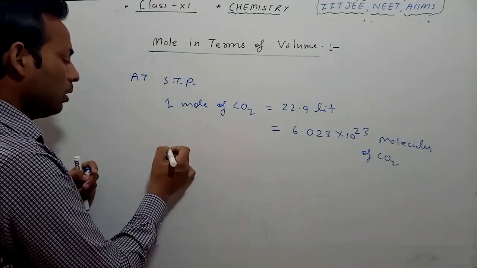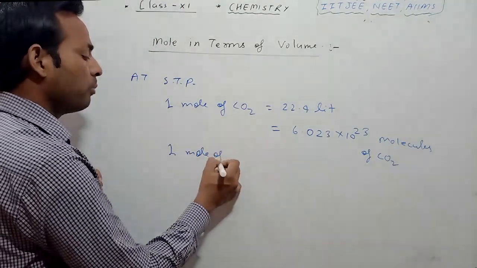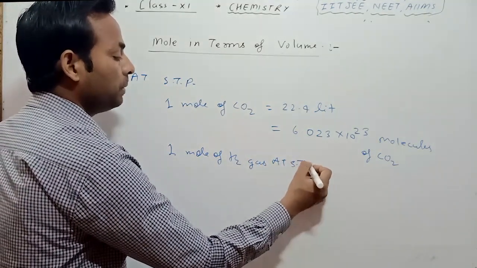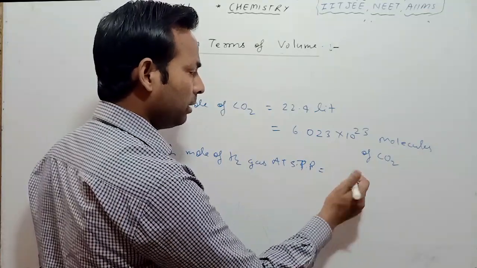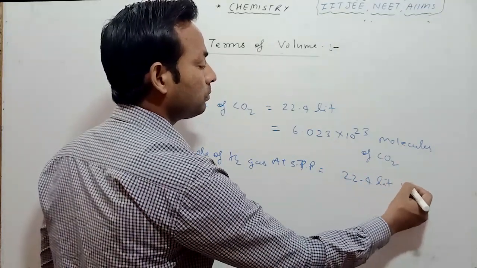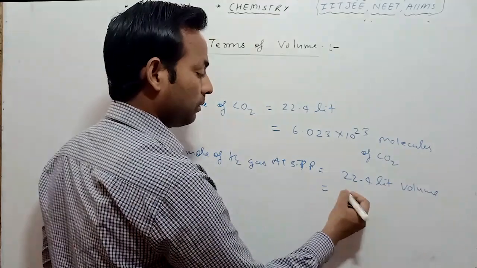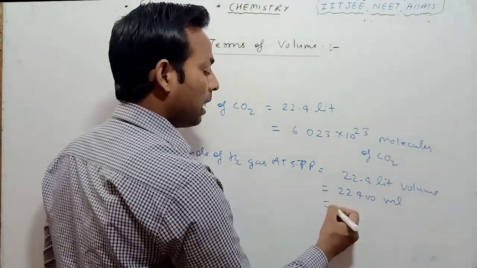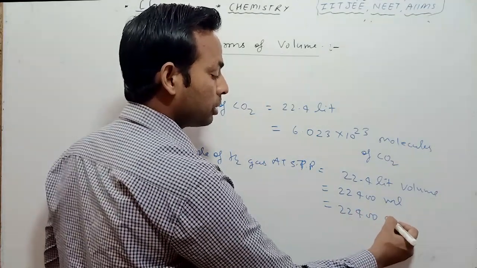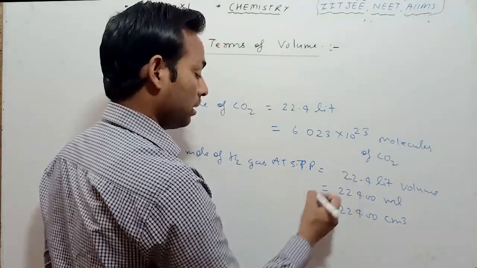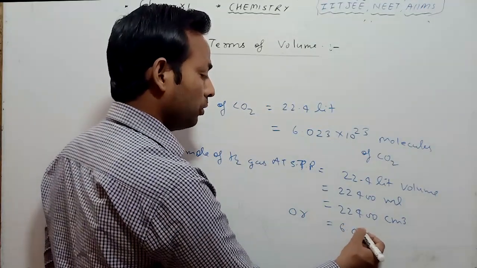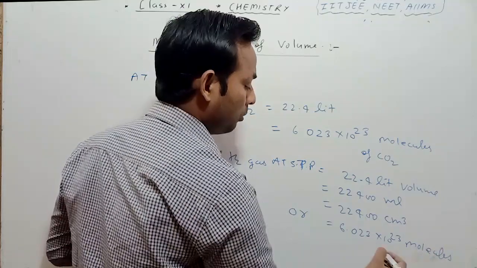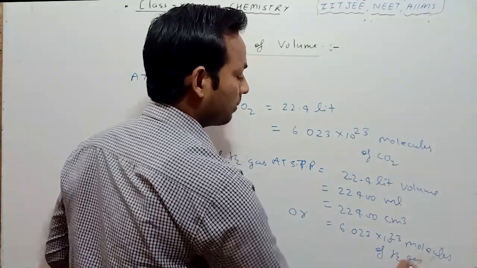So suppose 1 mole of hydrogen gas at STP, the same, we have to write 22.4 liter volume, or 22,400 ml also we can write, or 22,400 centimeter cube volume, or 6.023 into 10 to power 23 molecules of hydrogen gas.